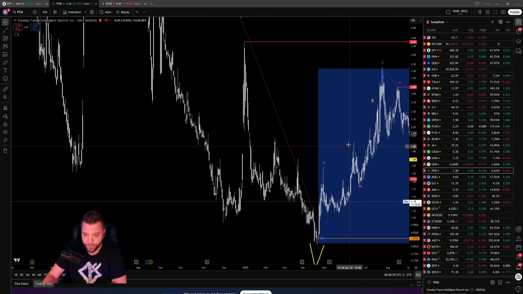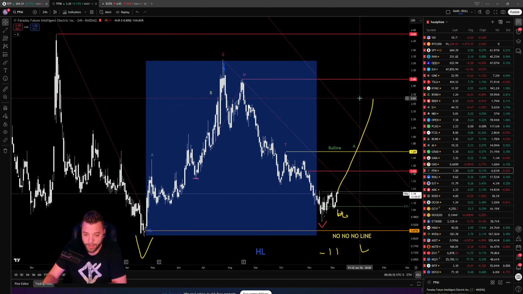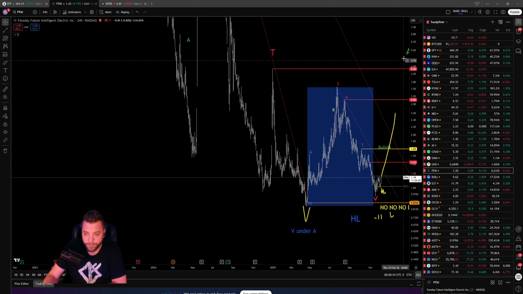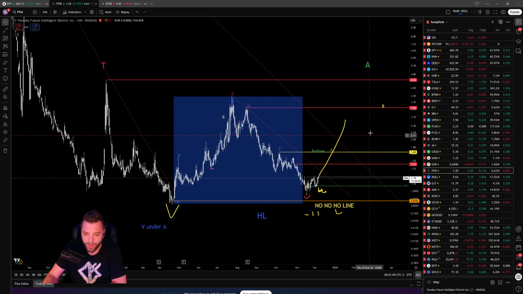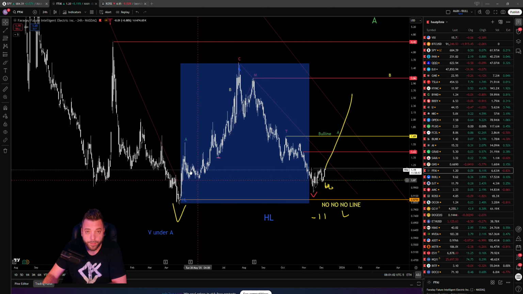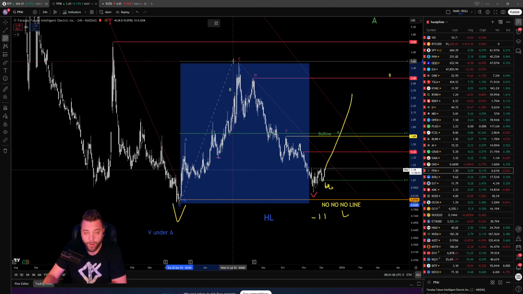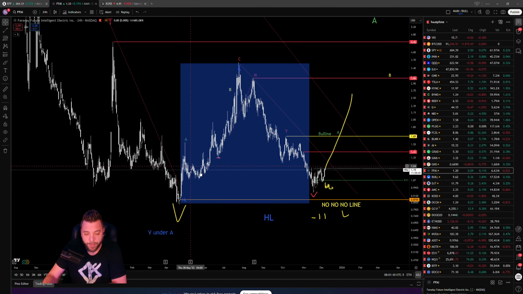So let's jump for short into FFAE. Here, this whole thing is just the higher low, which we finished. But here, it's not a 0.5 pullback, because if you take this, we're way under the 0.5. But it's a perfect V under A, just in the tiny tracking, micro tracking.